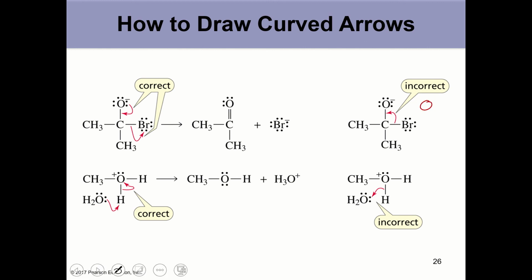It would give us an oxygen that has 3 lone pairs, a double bond to carbon, from there a single bond to CH3, and a bond to CH3.